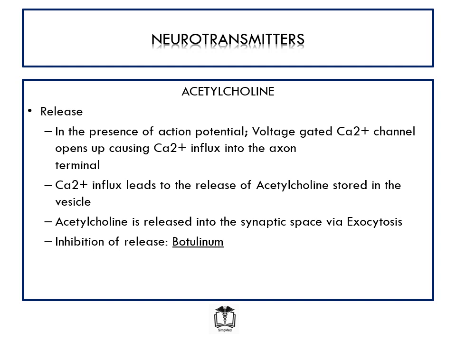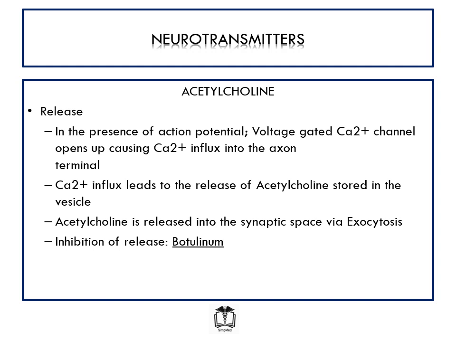The third step in the biosynthesis of acetylcholine is release, and this occurs in various sub-steps. The first thing that occurs for release is that we have an action potential running down the axon and getting to the axon terminal. Once the action potential gets to the axon terminal, it would open up voltage-gated calcium channels at the axon terminal. And once these voltage-gated calcium channels open up, they will lead to calcium influx into the axon terminal.